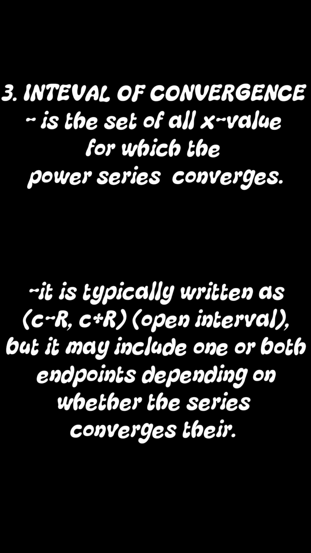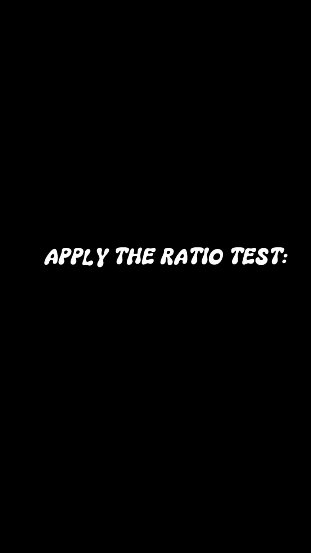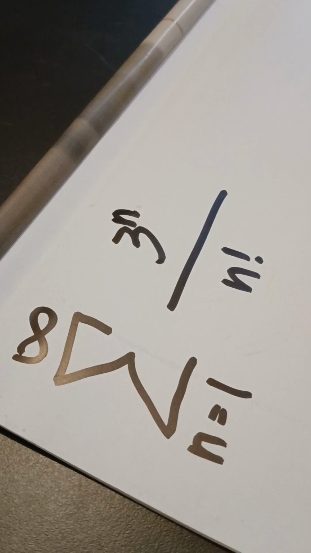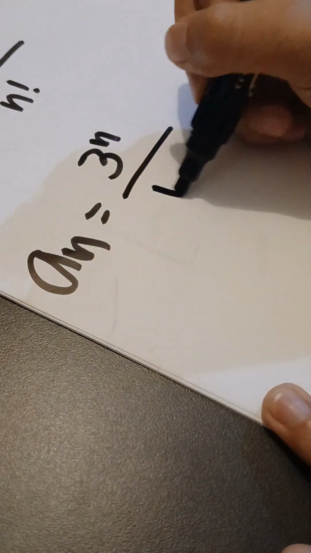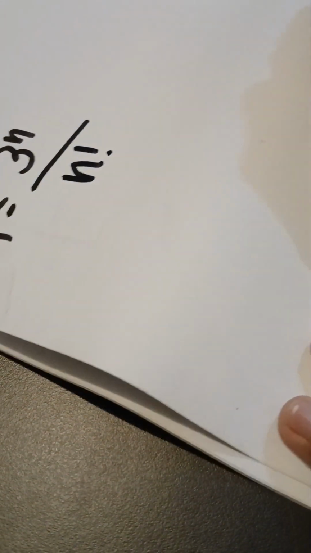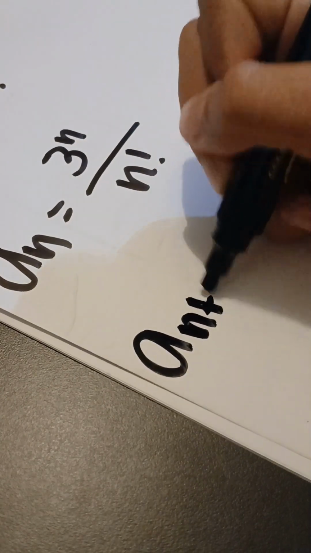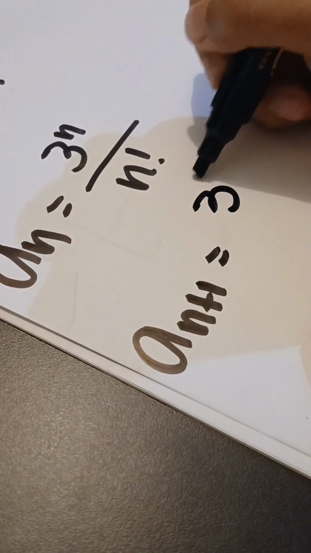Consider the series of 3 raised to n over n factorial. First, let's define a sub n, which is equal to 3 raised to n over n factorial, and a sub n plus 1, which is equal to 3 raised to n plus 1 over the quantity of n plus 1 factorial.